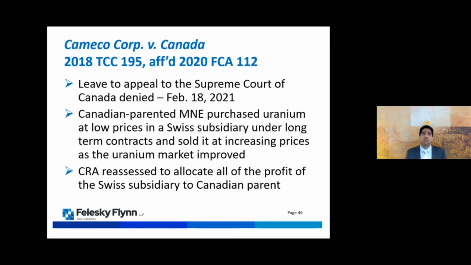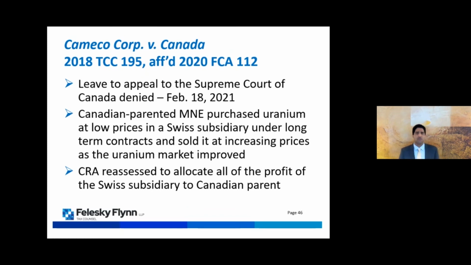Everyone, I'm sure, has heard about the Cameco decision in Canada. It's been all over the media, and the real development, I suppose, for purposes of this update, is that leave to appeal to the Supreme Court of Canada was denied on February 18th of this year. So that's a big development.